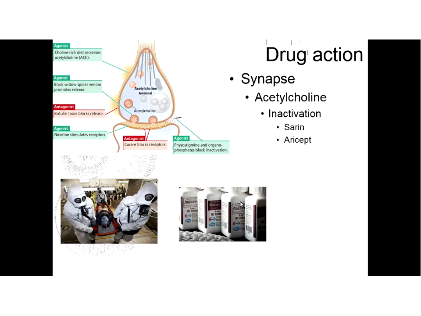Now, this is really a spectrum here. On the one end, we have sarin that permanently inactivates acetylcholinesterase, this enzyme that breaks down acetylcholine. On the other end of these organophosphates that block inactivation, you have Aricept.